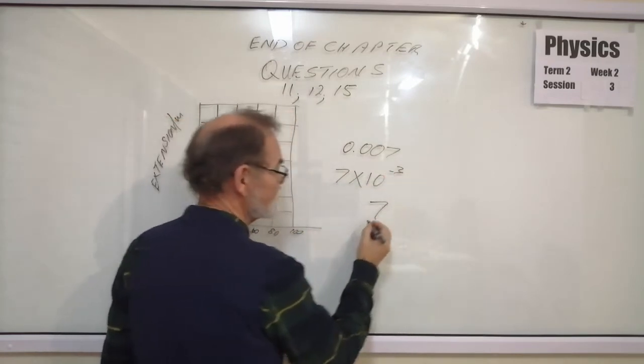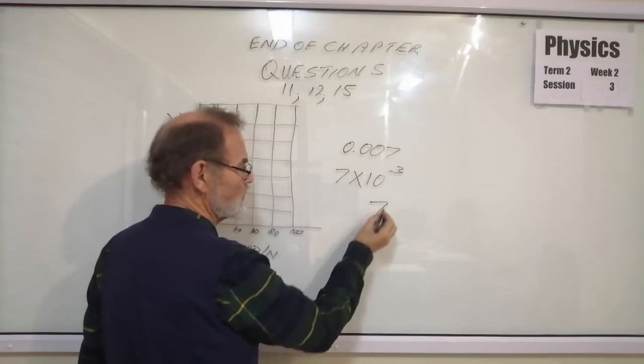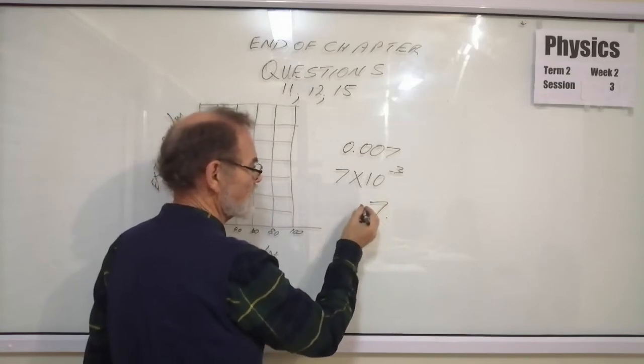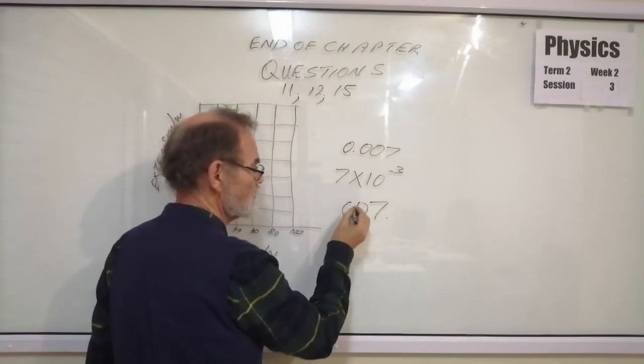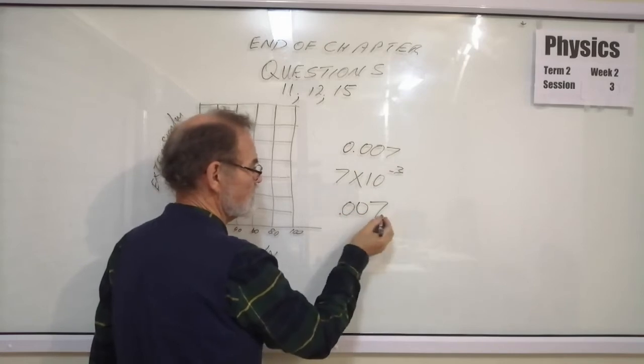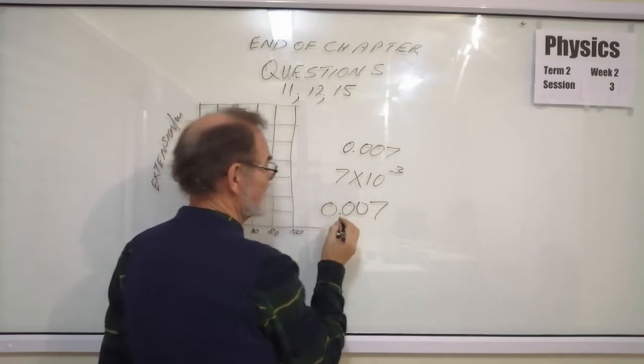So 7 times 10 to the minus 3, here's our decimal point. We move it 3 back, 1, 2, 3. It eventually ends up over here.